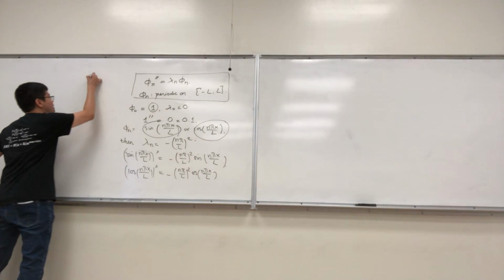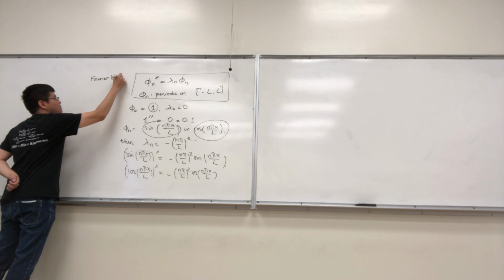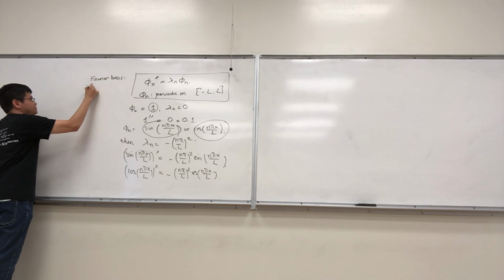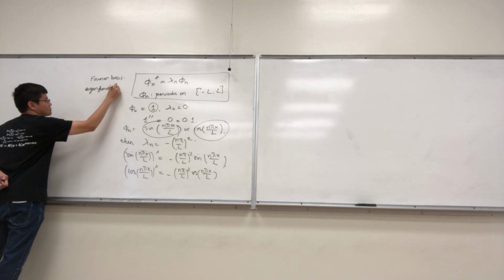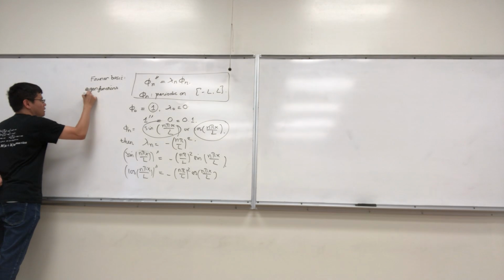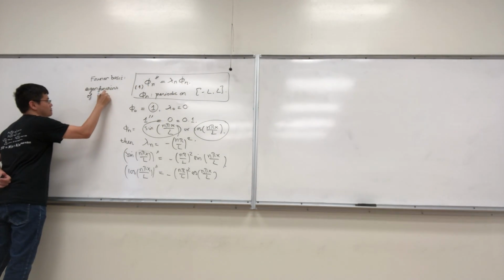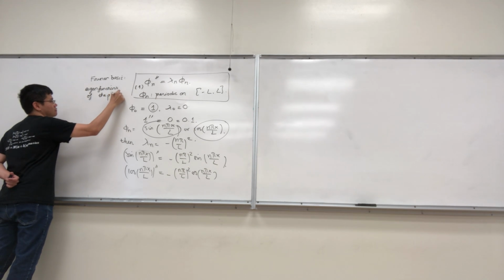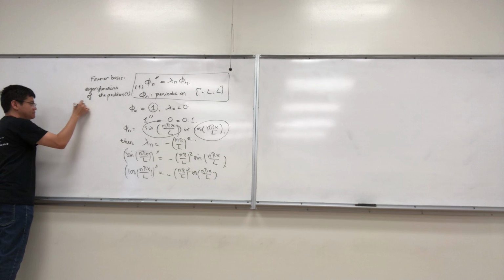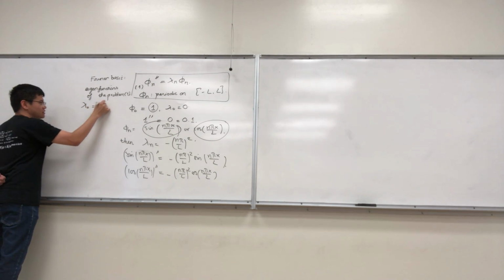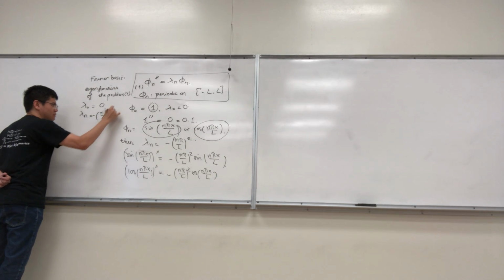So the Fourier basis functions are eigenfunctions of problem 1. And the eigenvalue lambda 0 is 0 and lambda n is minus (n pi over L) squared.